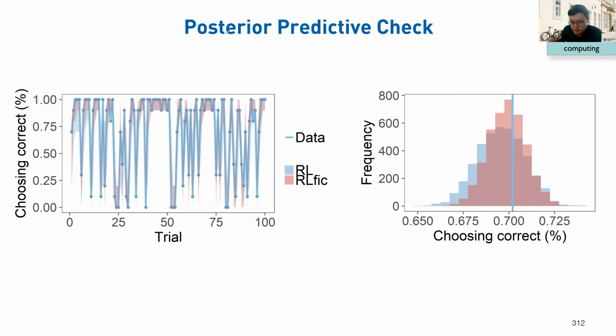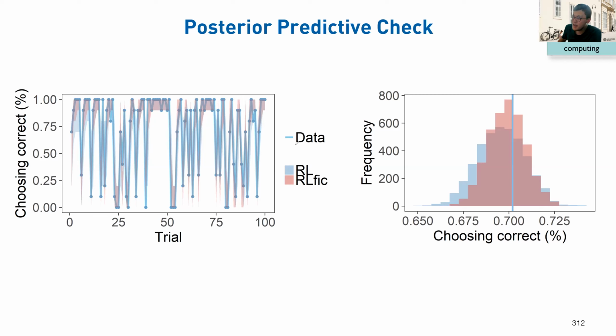We would like to use the posterior distributions to generate fake data, and then compare if the model-simulated choices resemble the actual pattern of the data. If they match up, very good, the model can be validated. If there is some discrepancy, you might want to improve your model until you're happy with the performance.